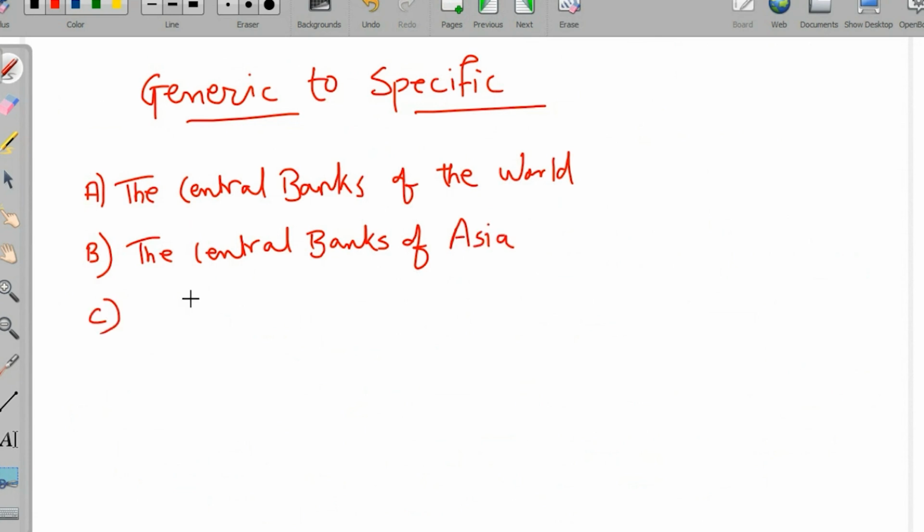And statement C is talking about the Central Bank of India.